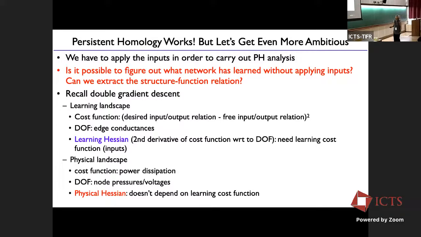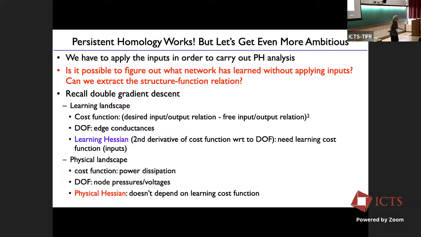So this is when we said, okay, instead of looking at the learning Hessian, which is the second derivative of the learning cost function with respect to the learning degrees of freedom, let's look at the physical Hessian. Okay, the physical Hessian, which is the second derivative of the physical cost function, for example, the elastic energy, with respect to the physical degrees of freedom, the node positions.